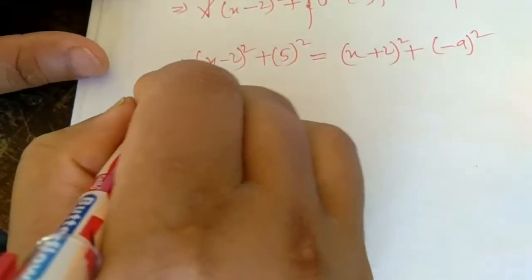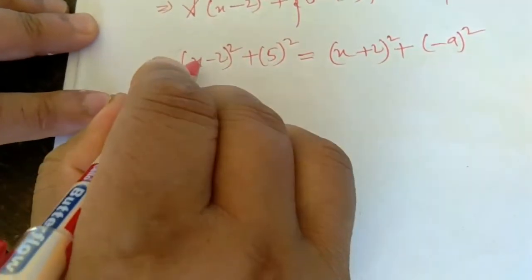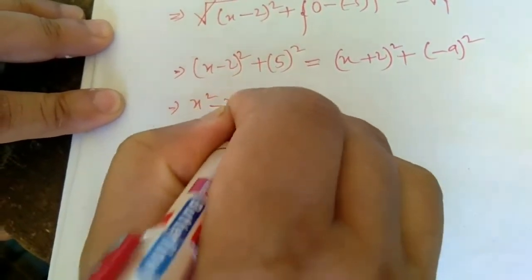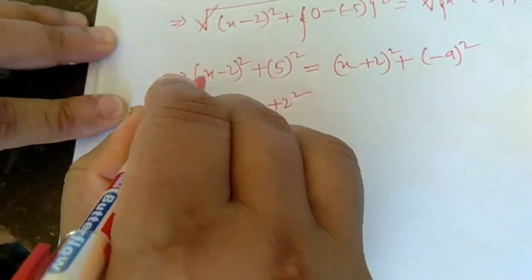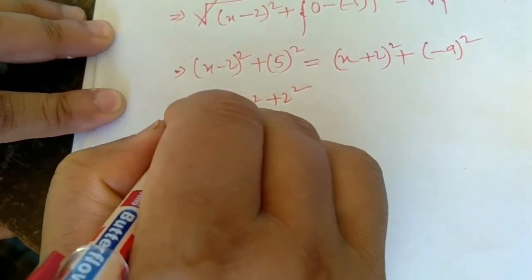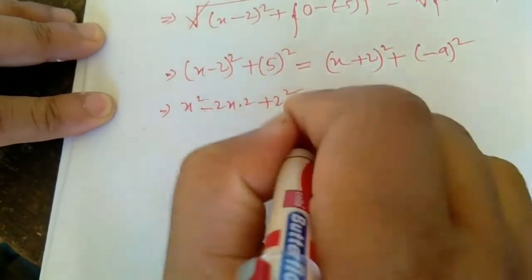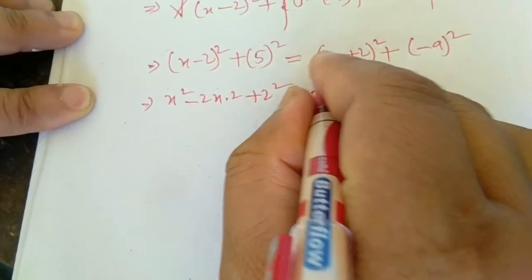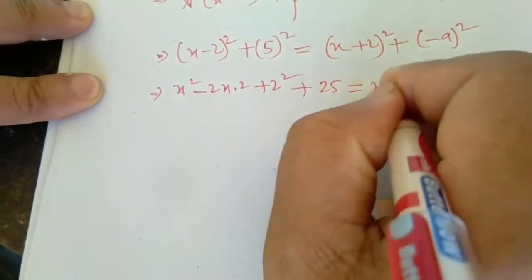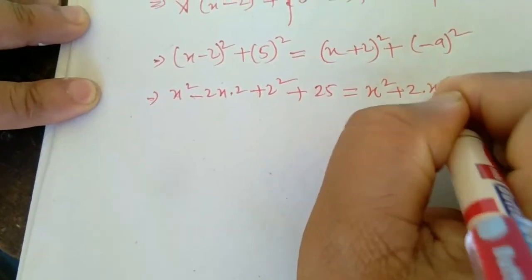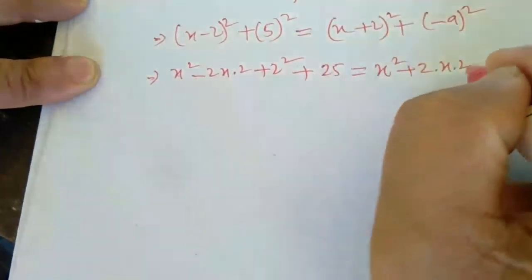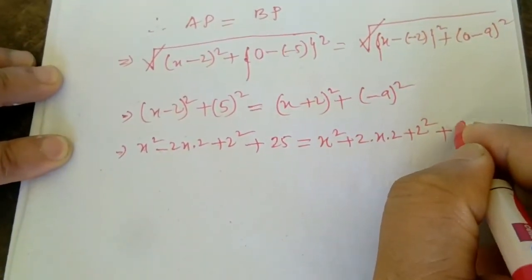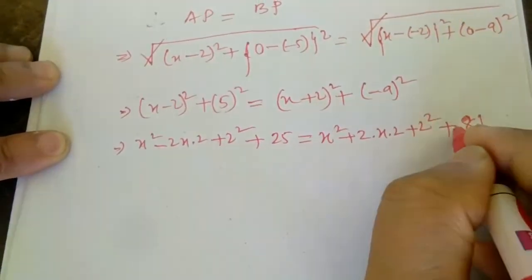Okay, (A minus B) whole square formula apply. A square minus twice AB plus B square. Take this as A, this as B. A square minus twice AB plus B square. 5 5s are 25. Similarly here, (A plus B) whole square formula: A square plus twice AB, A means x, B means 2, plus B square, plus 9 9s are 81, power is even, so this negative becomes positive.